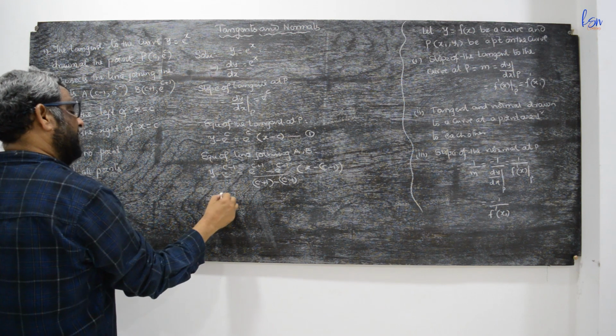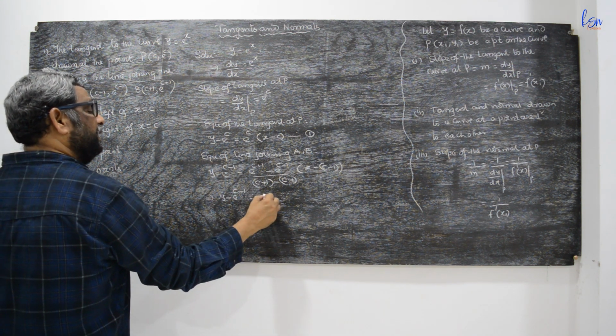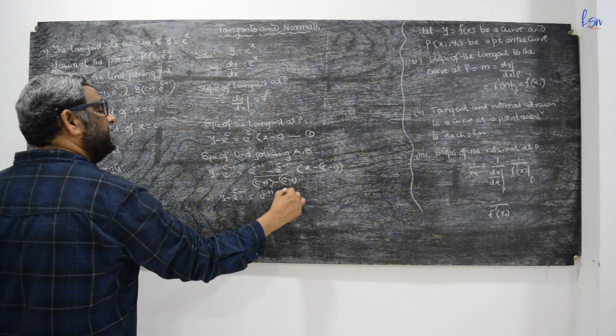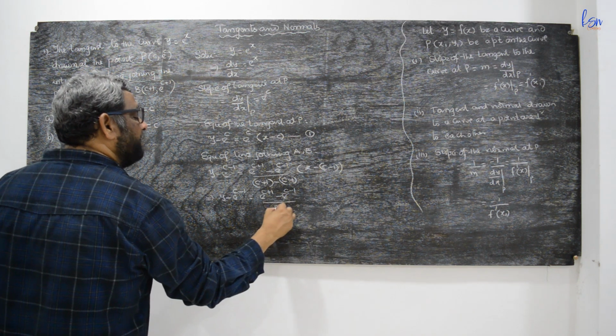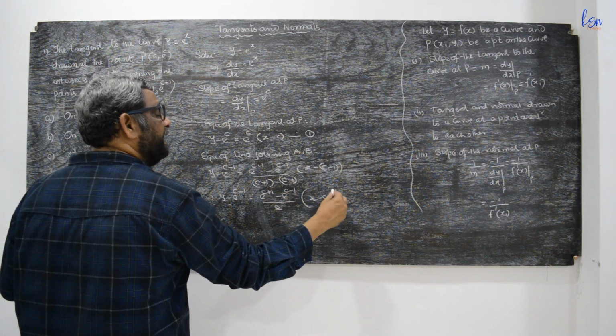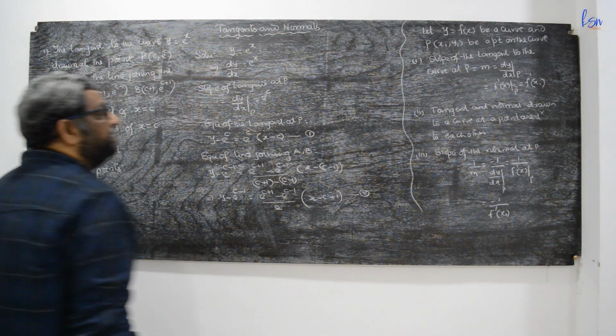This is equal to y minus e to the power of c minus 1 is equal to (e to the power of c plus 1 minus e to the power of c minus 1) by 2 into (x minus c plus 1). You can call this as second equation.